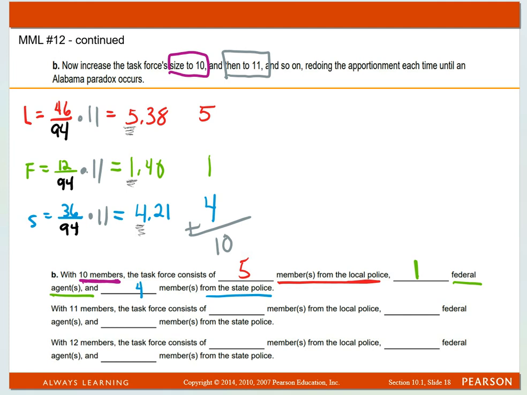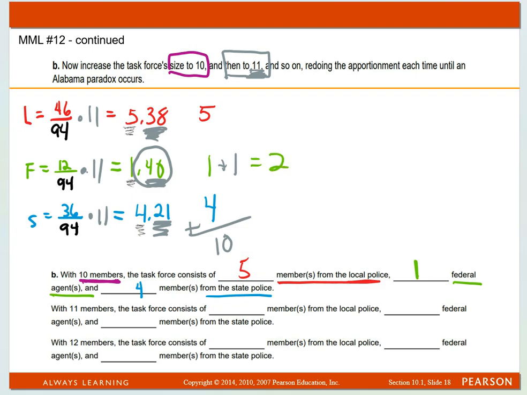There's 1 more seat because remember we were doing 11 this time. And so I got 1 more seat, and the largest, you're going to look at the 0.38, the 0.40, the 0.21. 0.40 is the largest, so they get an extra seat. So the feds get 2 seats.